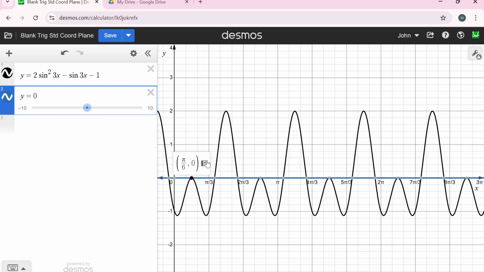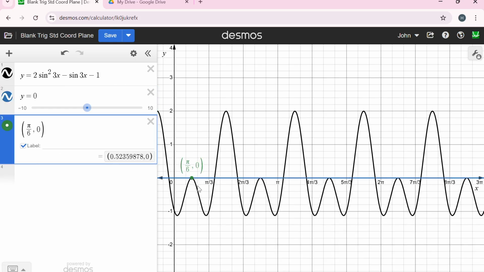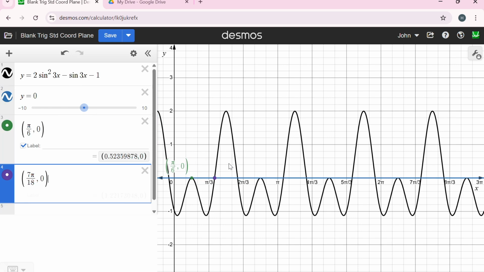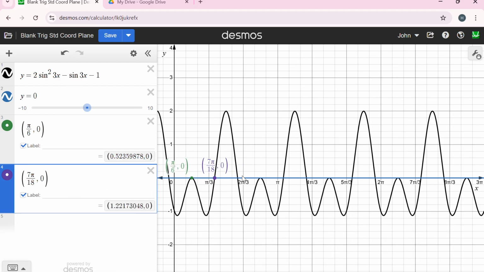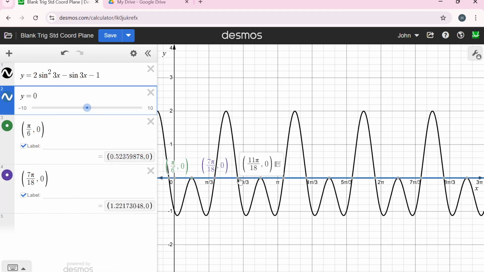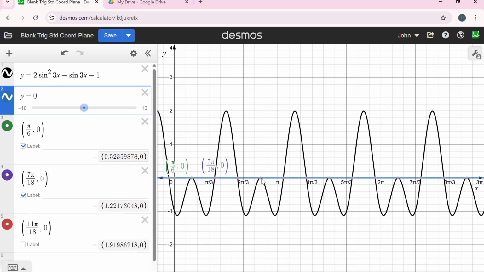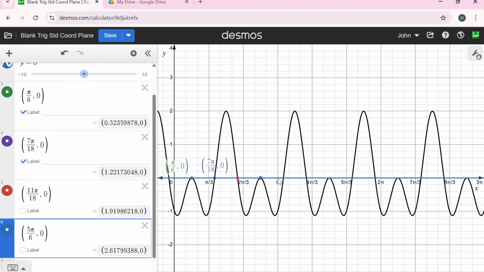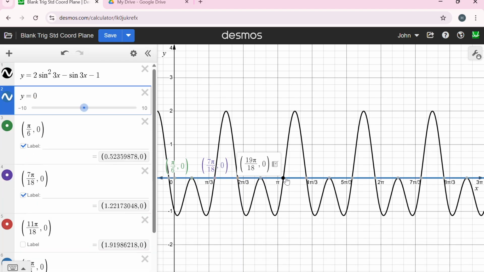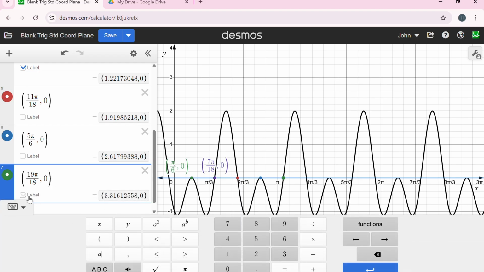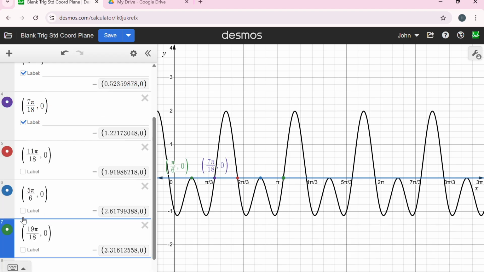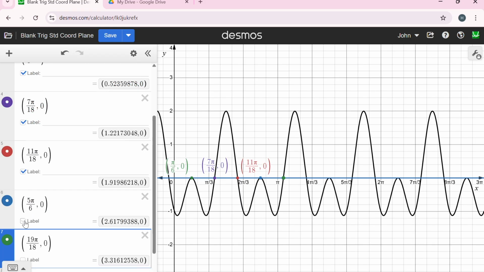So I have pi over 6 right there. What is that? 7 pi over 18. Awesome. What's this one? 11 pi over 18. Awesome. Next one, I have 5 pi over 6. Good. Next one, 19 pi over 18. Let's label all these.